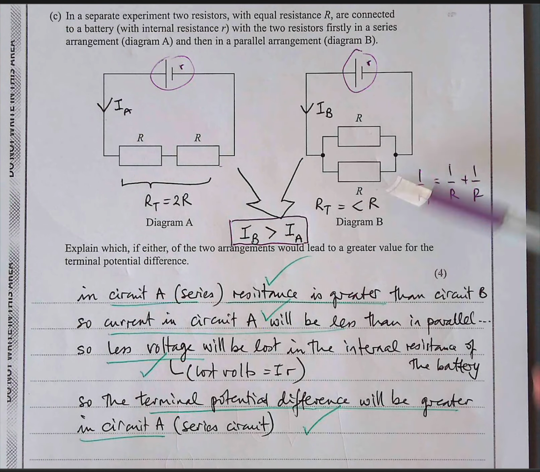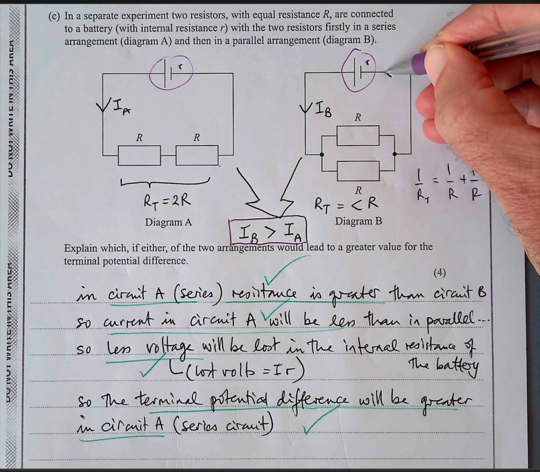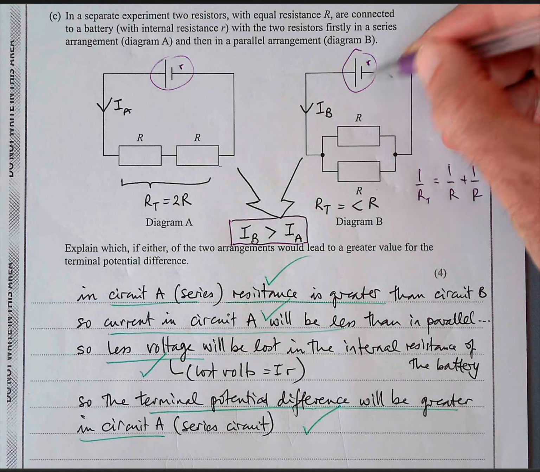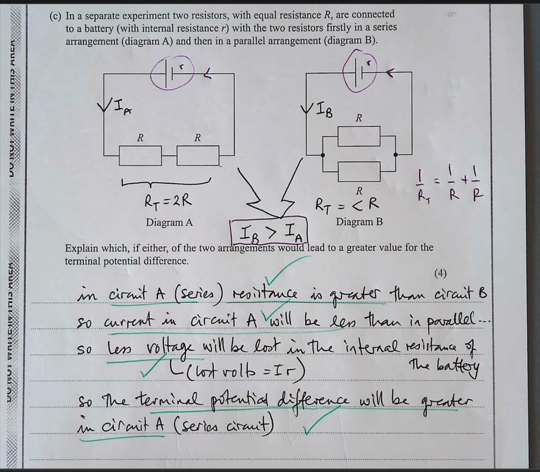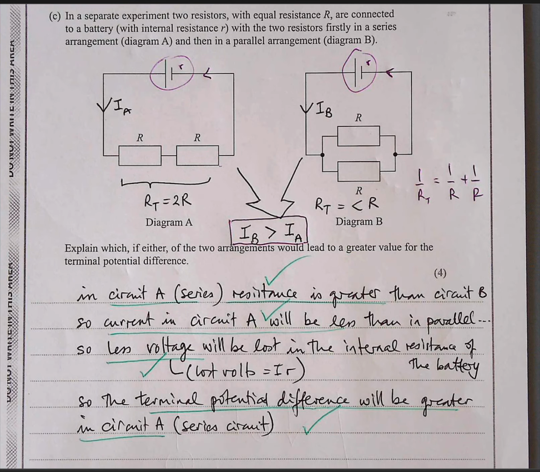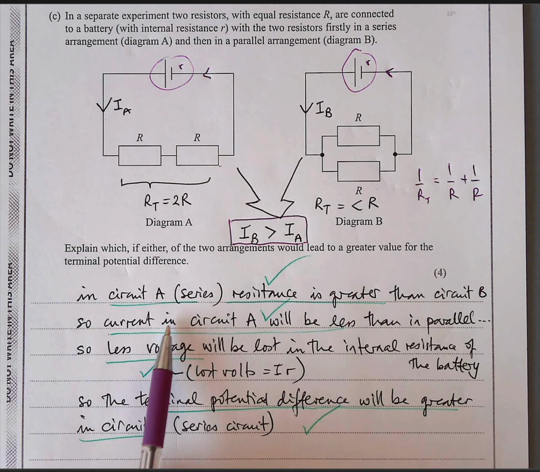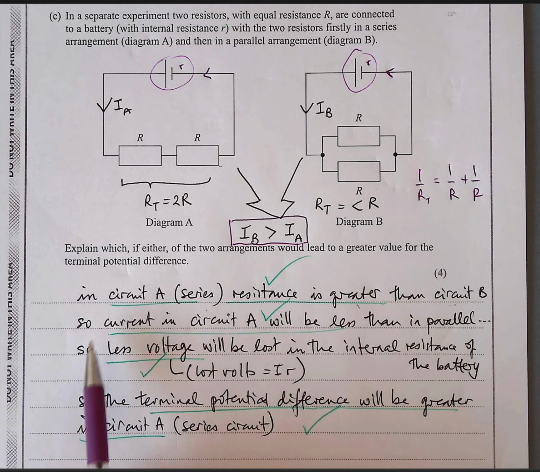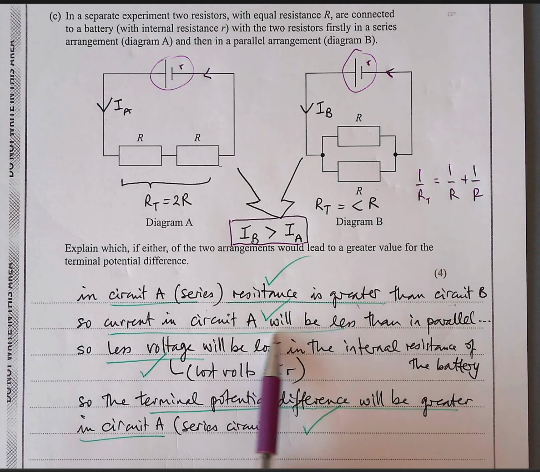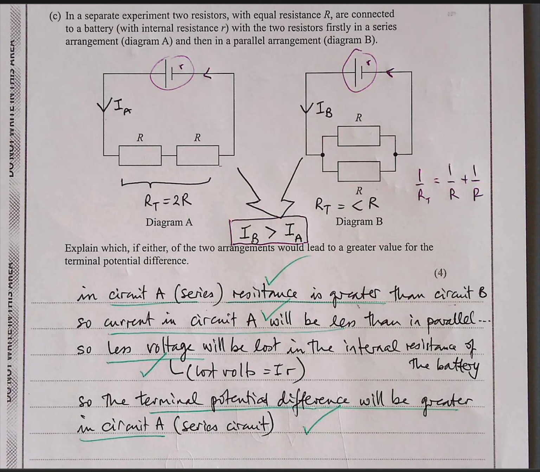If that happens, the current here will also be higher, so there is more lost volts in this cell than there will be in this cell where the current is smaller. So in circuit A, you've got to say series, the resistance is greater than circuit B, so current in circuit A will be less than in the parallel circuit. So less voltage will be lost in the internal resistance of the battery.